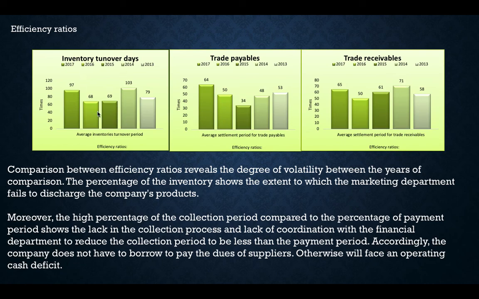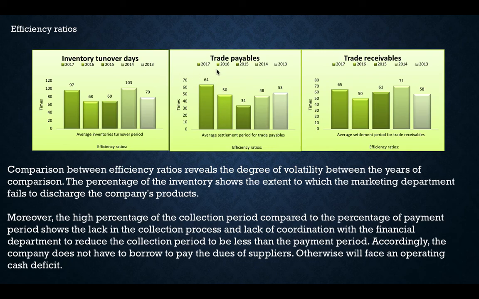For example, here it gives you an indication that the marketing department fails to discharge the company's products because there is an increase in inventory turnover. Okay, so in this case, this means there is production, but a problem with the marketing, they can't sell the product.